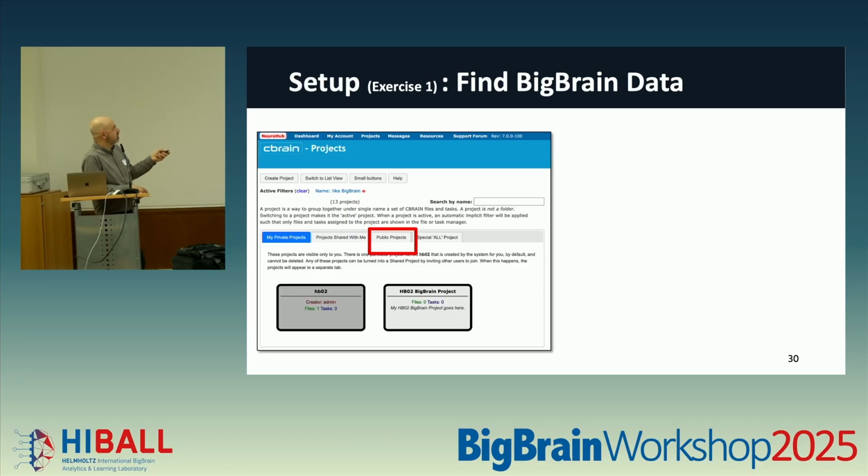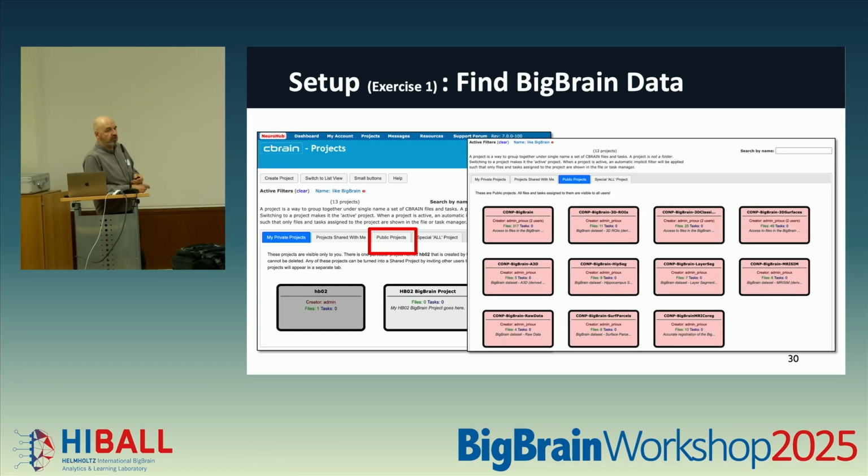If you click on that, you'll get a view of all the data sets that correspond to that filter selection. Remember, we've done the BigBrain view, and you'll see the public projects that have those names associated with the data sets. In this case, there are 11 of these data sets.